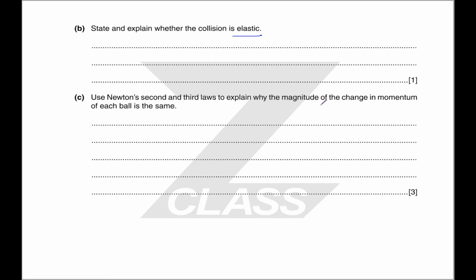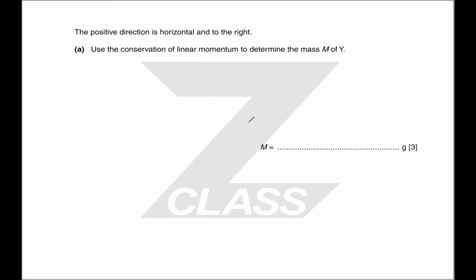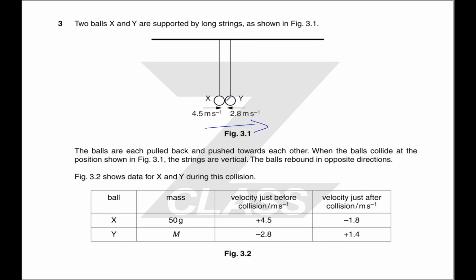Use Newton's second and third laws to explain why the magnitude of the change in momentum of each ball is the same. So this is the idea that for every action there is an equal and opposite reaction, right? And what that means is that if x is exerting some force F on y, then y must be exerting the same force F on x, because the contact forces are equal and opposite.